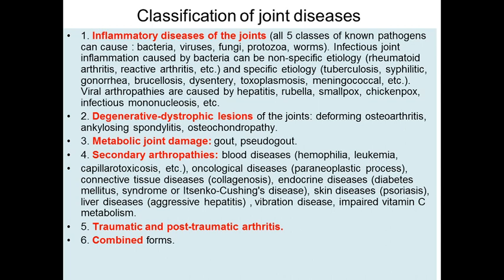And in the second place are degenerative dystrophic lesions, which include osteoarthropathies or deforming osteoarthritis. And next are metabolic joint damages during gout or pseudo-gout.